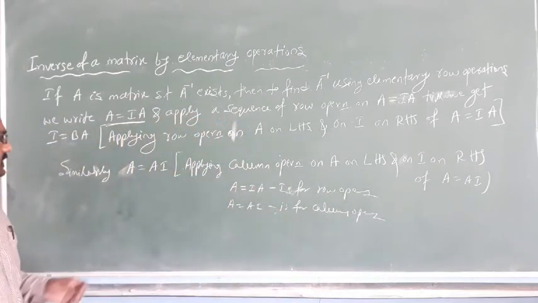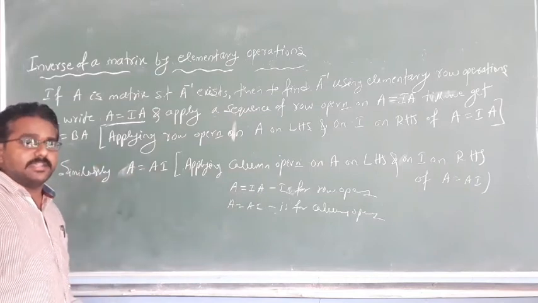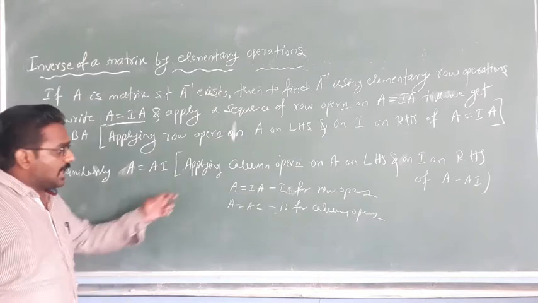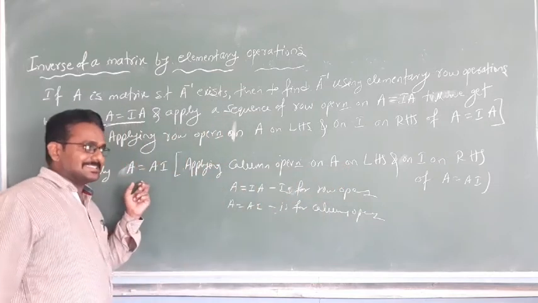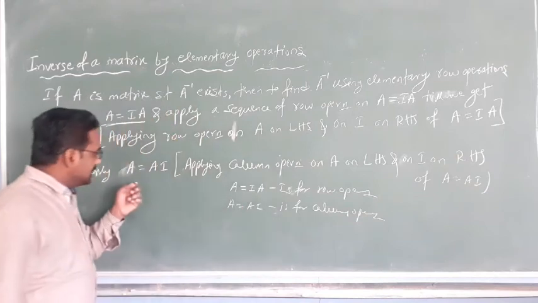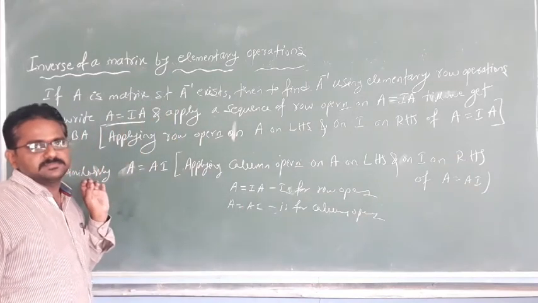Got the point, students? Similarly, A equals AI we can write and find the inverse of A by applying column operations on A on the LHS and on I on the RHS of the given expression. This is the main thing, students.